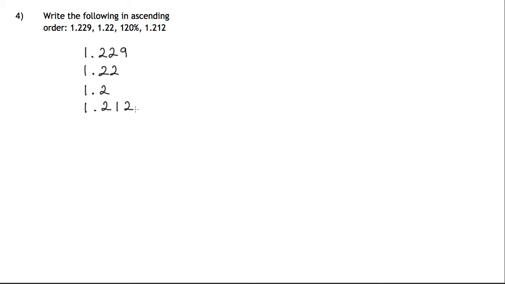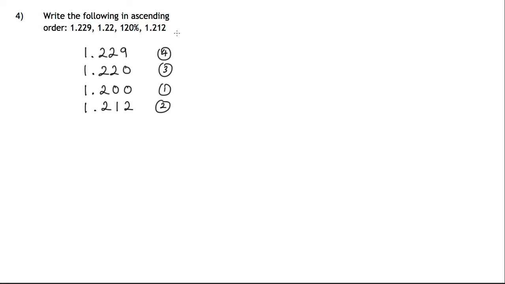Now the best thing to do is to add some zeros, so we have the same number of digits for each number, and this makes it a lot easier to consider the order. Now the smallest number here will be this one, so that's the first one. The second, 1.212, then 1.220, and then 1.229.